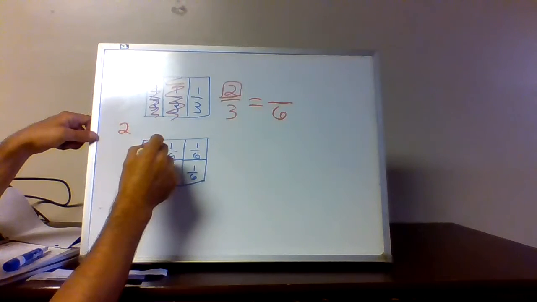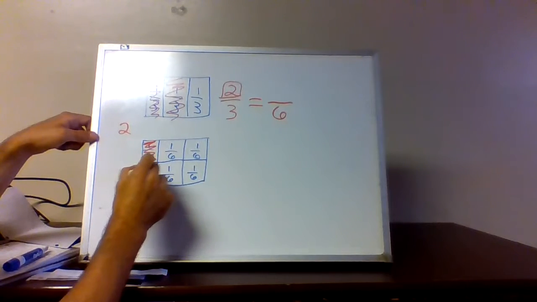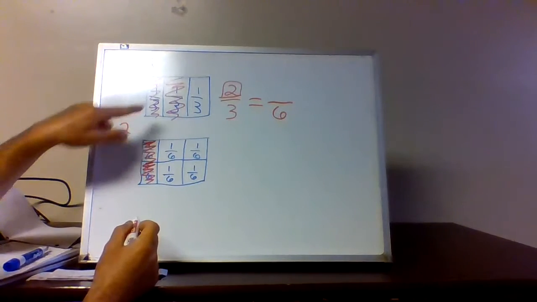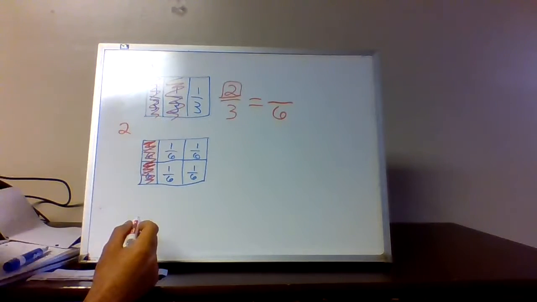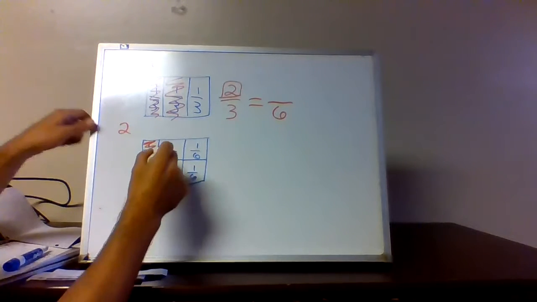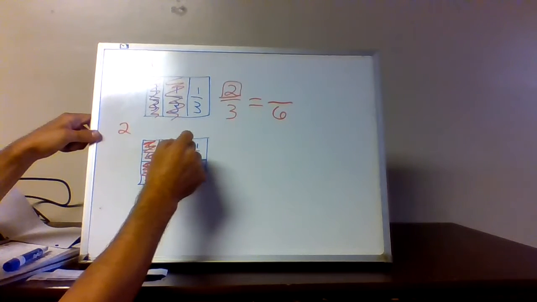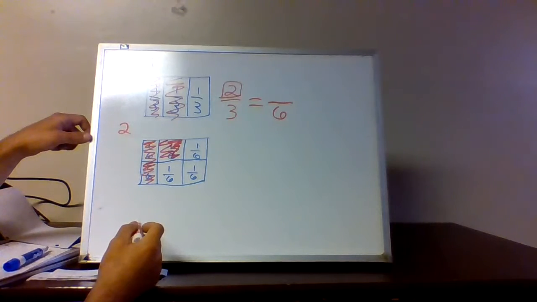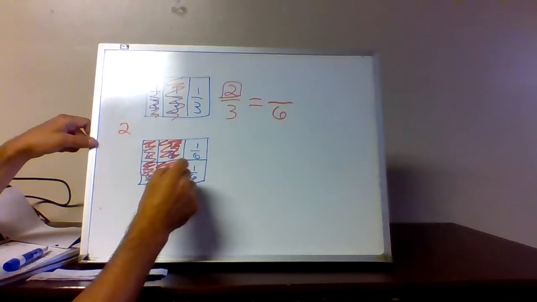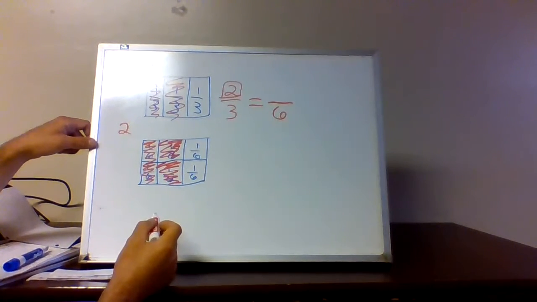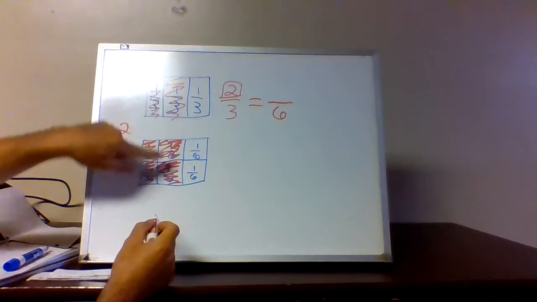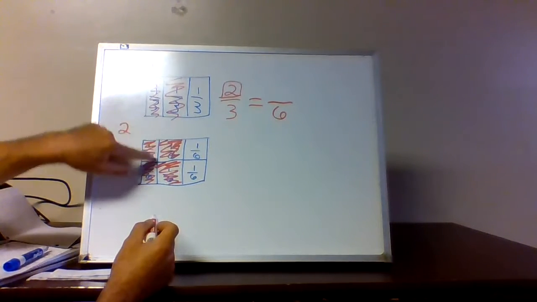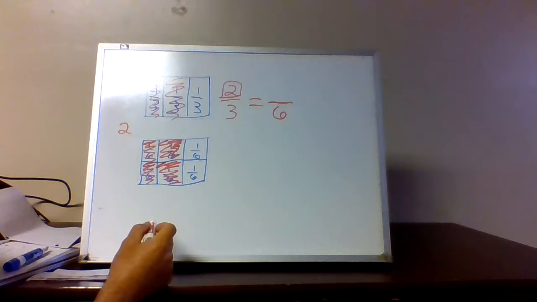So if we shade in 1, shade in 2, still not the same amount. If we shade it in here, still a little short. Shade in here, we can see that we now have the exact same amount as figure 1.